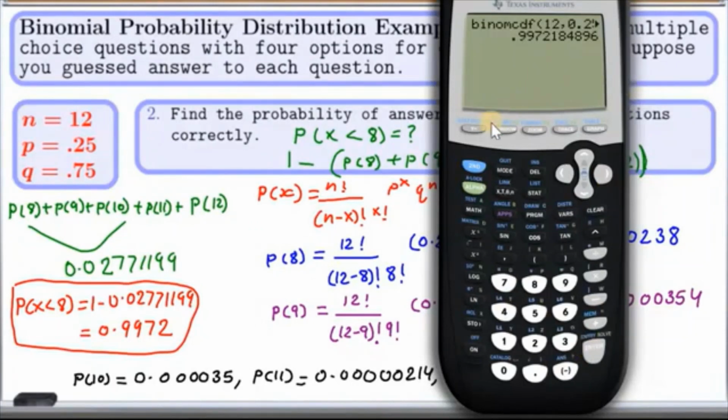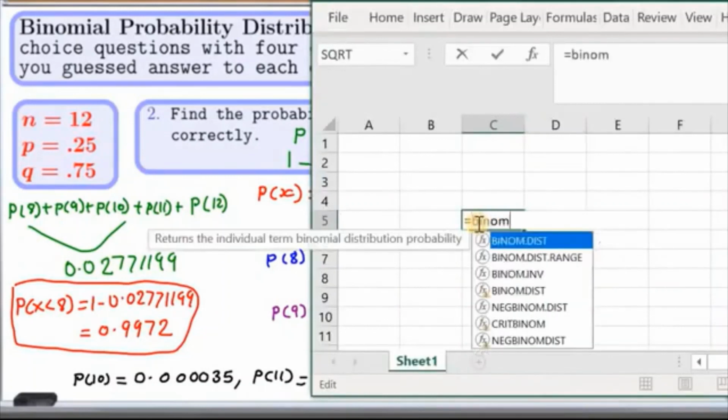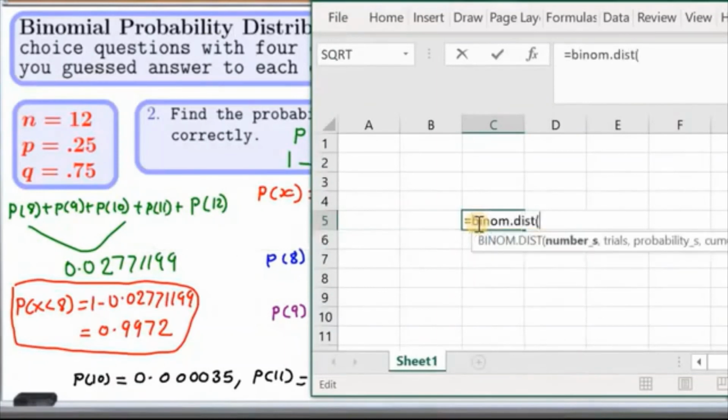Now let me show you how to find this probability using Excel. For that, type in equals, then type in binom.dist, put parentheses, then number here is 7, then put comma, our trials is 12, then type in comma, our p value is 0.25, then type in comma.